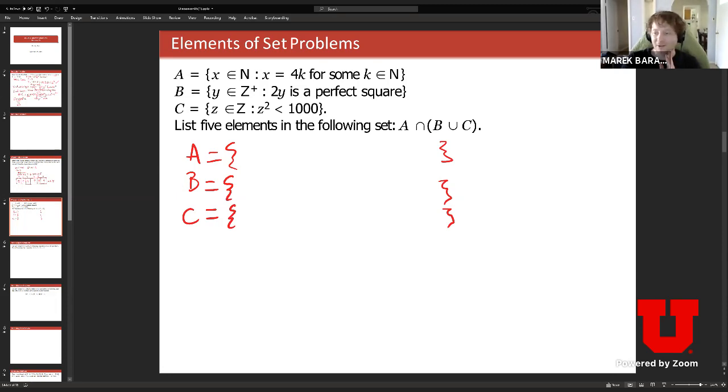So can someone give me a few elements of A? Yeah. Like 4, 8, 12, 16, and 20. Yeah, so Jacob White asks, what is a natural number?